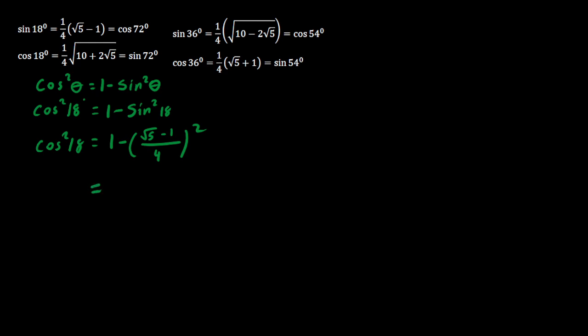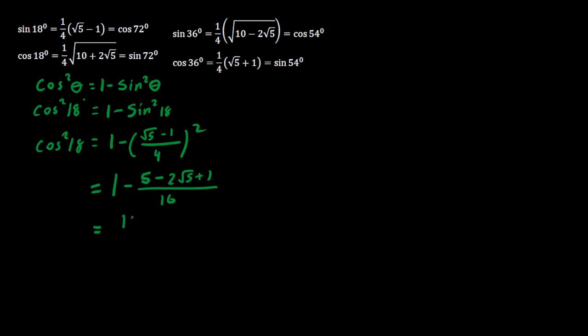We can square this and then say that this is 1 minus 5 minus 2 root 5 plus 1 over 16. Now I've squared the numerator and denominator. I can simplify this even further by getting the 1 in the fraction.